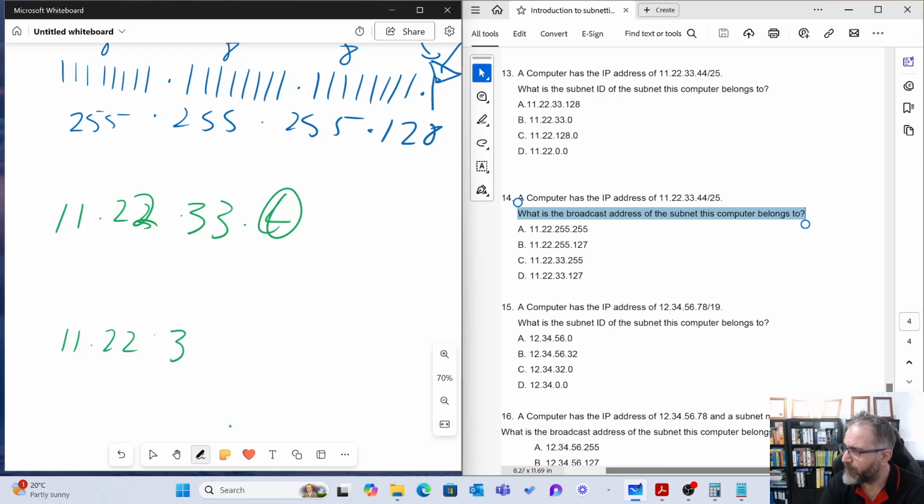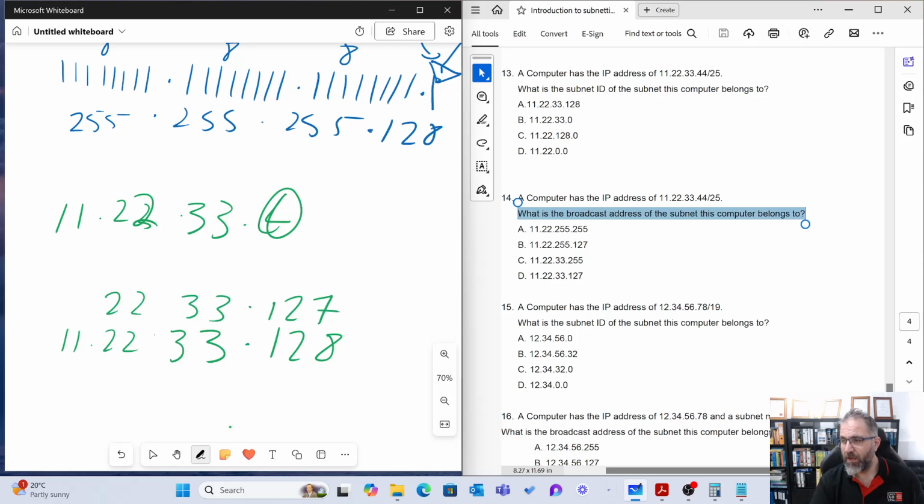God knows. 33. And the next subnet is 128, because we're counting by 128. So therefore, the broadcast address is the one address before the next subnet. That's another clue. That helps you. I could write them all down and list them all, but why? Why do it? So that is the answer there.